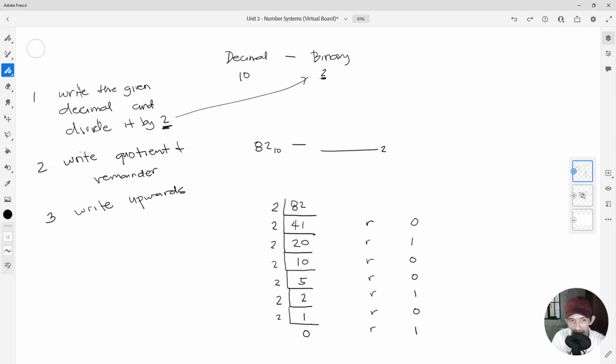So, ano ba ibig sabihin ng write upward? Starting from here, up to there. Ayan. So, bali magiging natin is 1, 0, 1, 0, 0, 1, 0, base 2. So, this is our final answer. Meaning to say, 82 is 1, 0, 1, 0, 0, 1, 0.